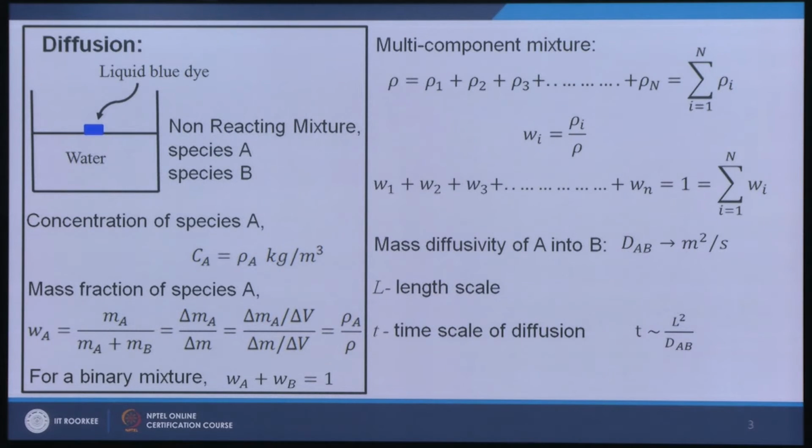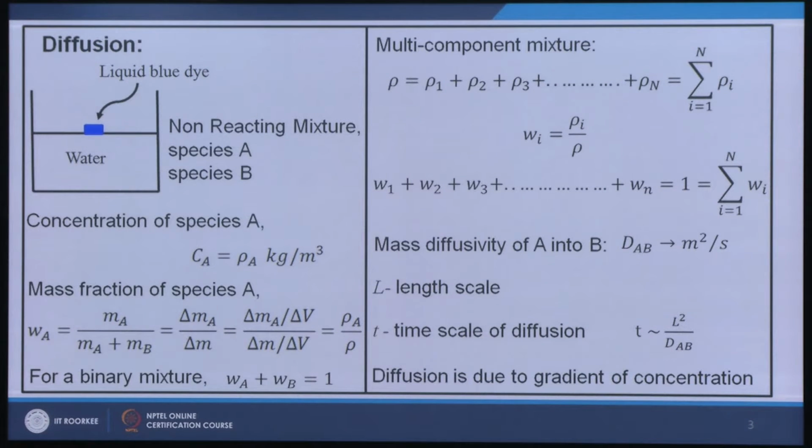Next, let us see if the length scale of the mixing process is L and the time scale of the diffusion is T, then by matching the dimensions of the mass diffusivity with L and T, we can easily write down that T will be of the order of L square by DAB, okay, where DAB is nothing but mass diffusivity, okay.